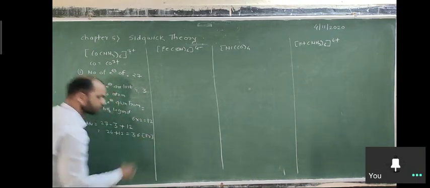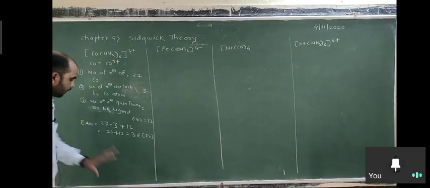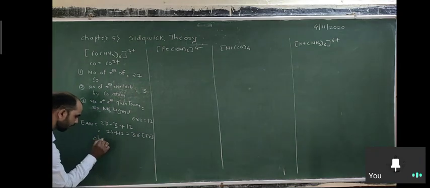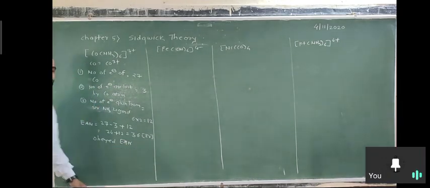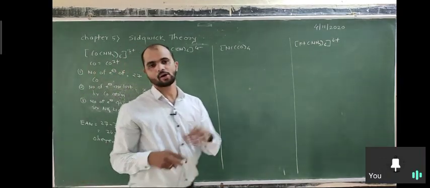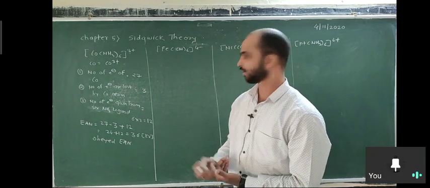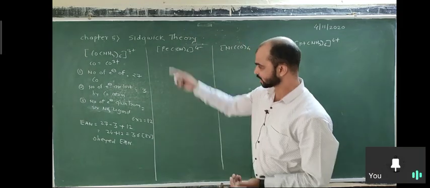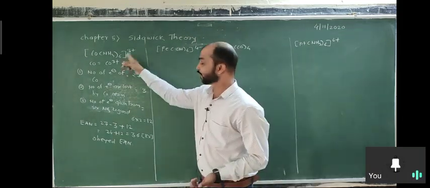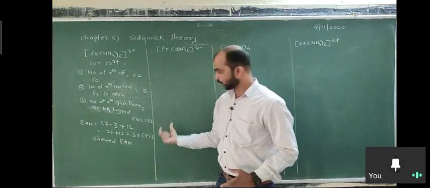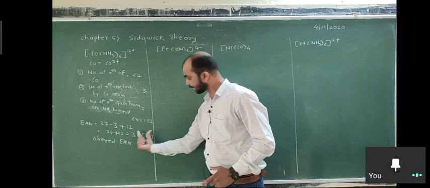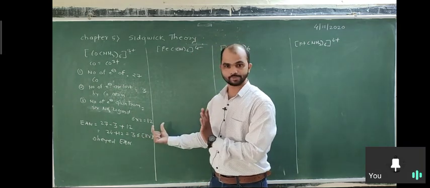That means here it obeys EAN. So the question asked whether the complex obeys the EAN rule or not. Justify your answer. The answer is: the given complex obeys the EAN rule because the total is 36, which is equal to krypton.